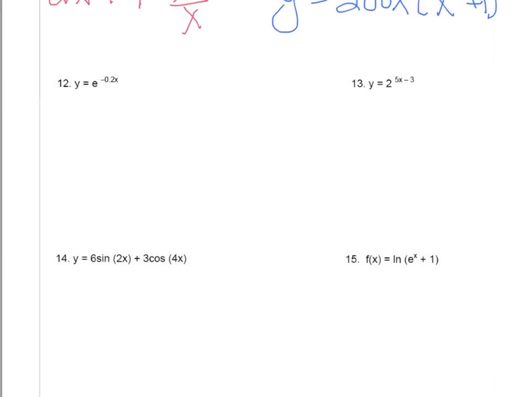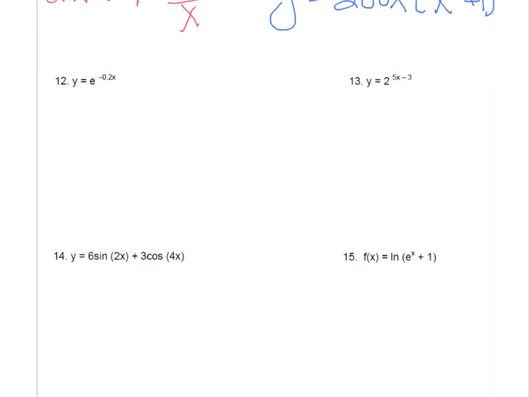12 and 13 are similar in that they're e to the u and a to the u, not just a to the x or e to the x. So when we take our derivative, it's e to that power times the derivative of the power. So that's going to be negative 0.2 e to the negative 0.2x. Same thing for 13.